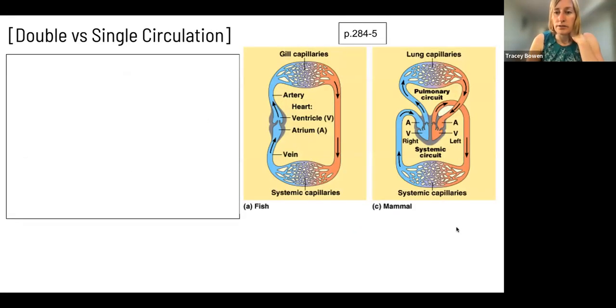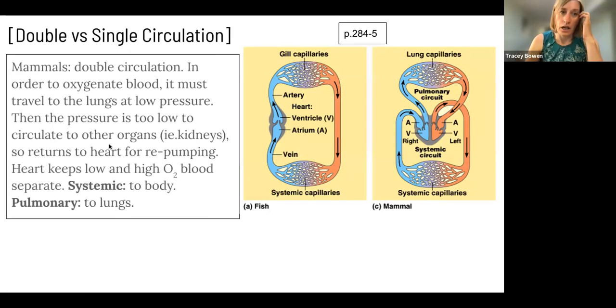With mammals, we have a double circulatory system, meaning that blood passes through the heart 2 times in order to move oxygen sufficiently around the body. And in order to oxygenate the blood, it's going to need to go to the lungs at low pressure. It needs to be at low pressure so that it doesn't blow up your alveoli.